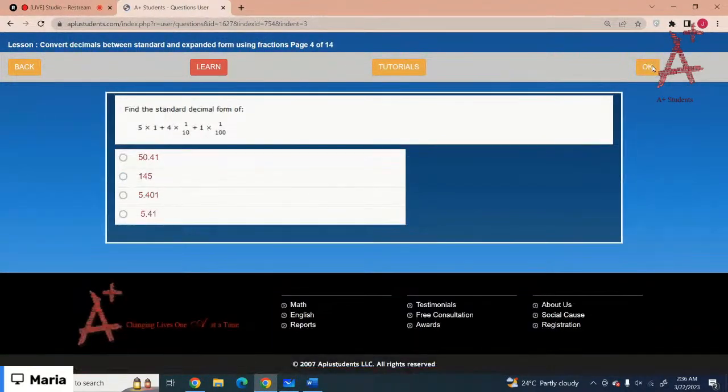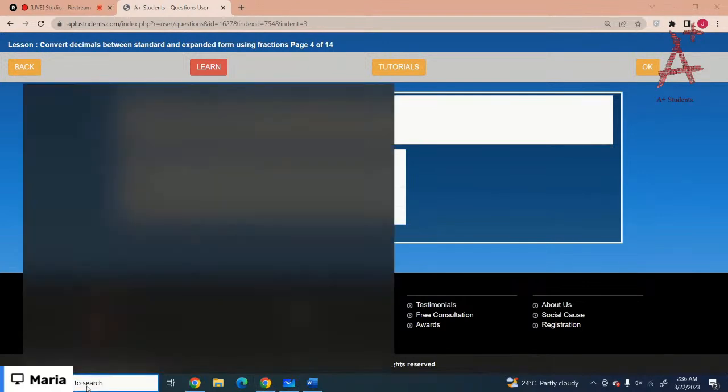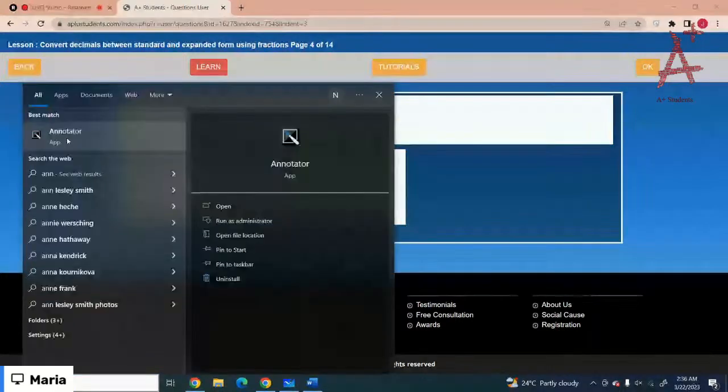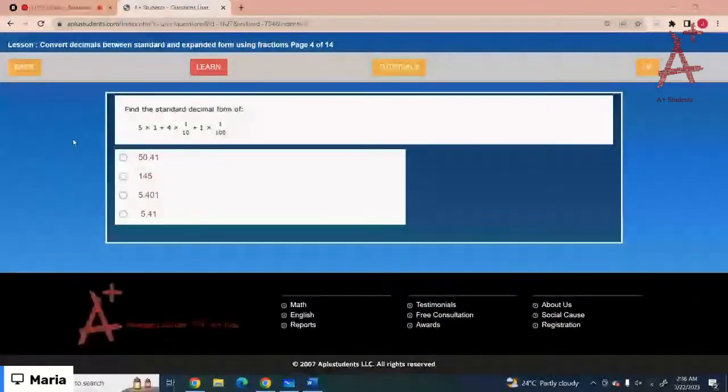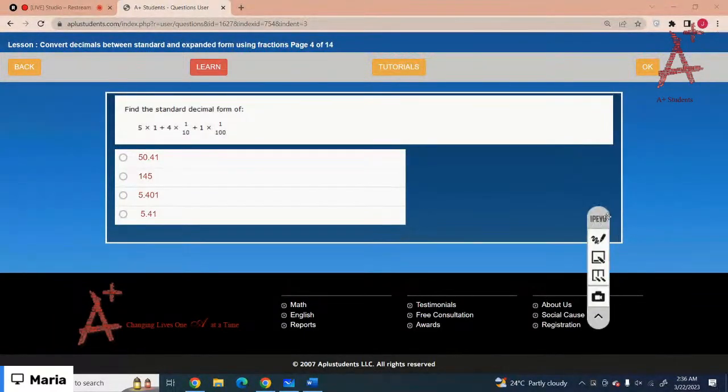No one is answering. Why? 5 times 1 plus 4 times 1 over 10 plus 1 times 1 over 100. So which is the correct option? That is the digit at the ones place.